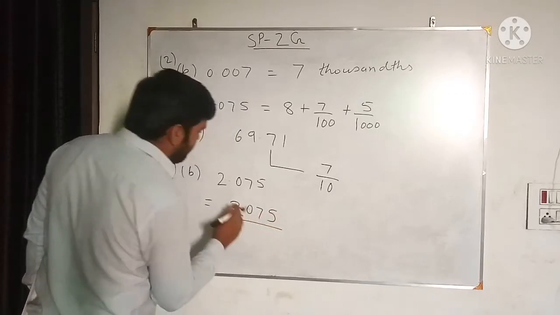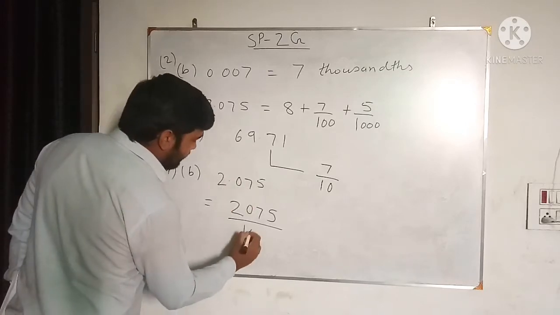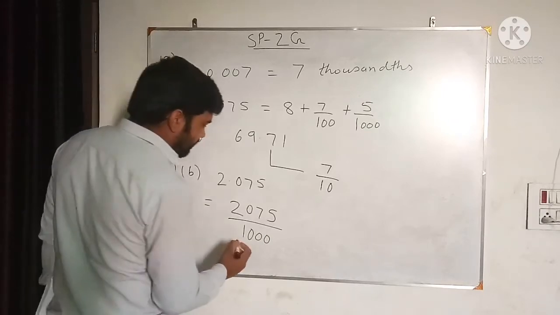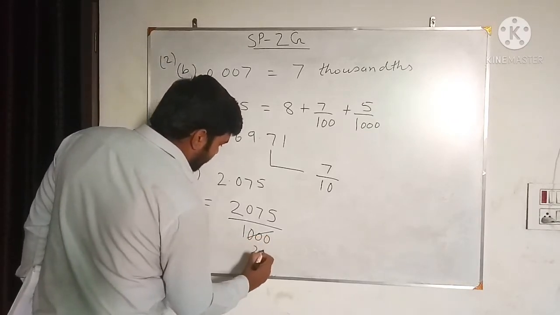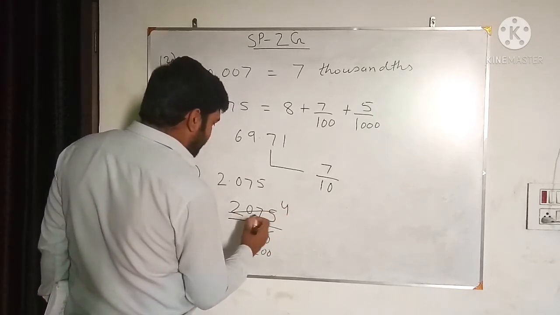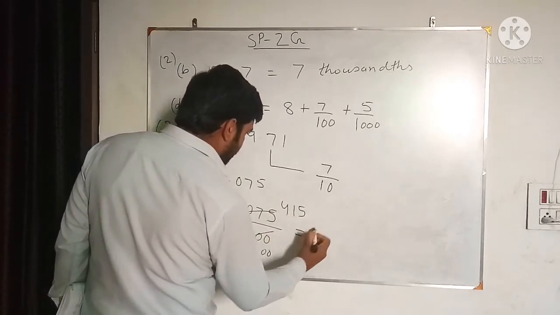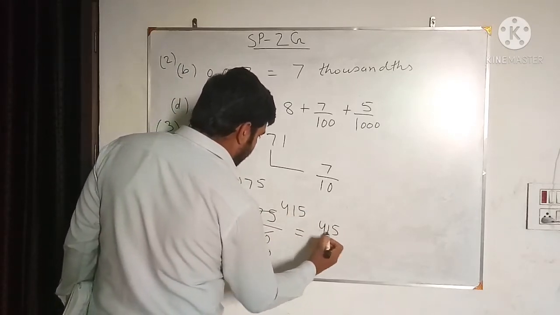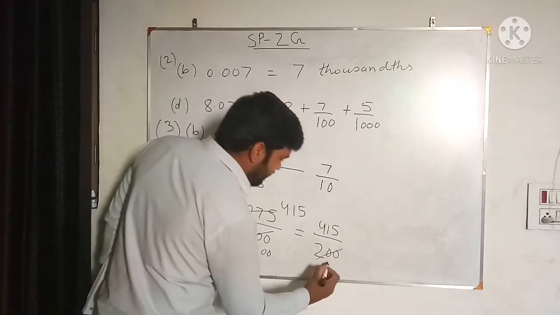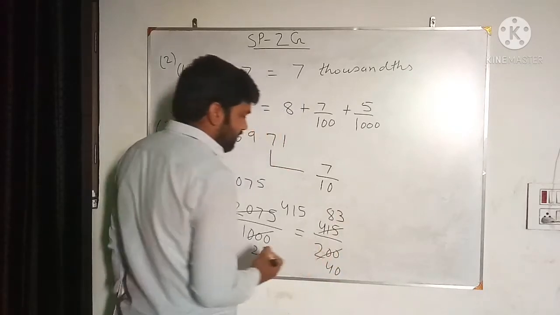75 divided by which place? How many decimal places are there? 1, 2, 3. So 1000. Now divide by 5. 5 2s are 10, that is 200. 5 4s are 20. 5 1s are 5. 5 5s are 25. So answer is 15 by 200. Again divide by 5. 5 4s are 20. 5 8s are 40. 5 3s are 15.